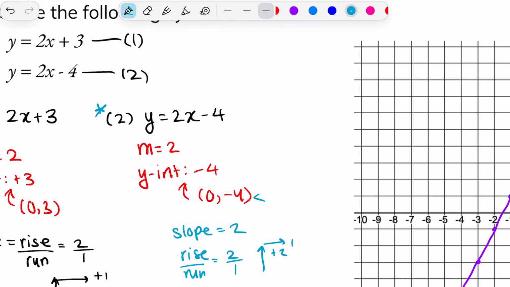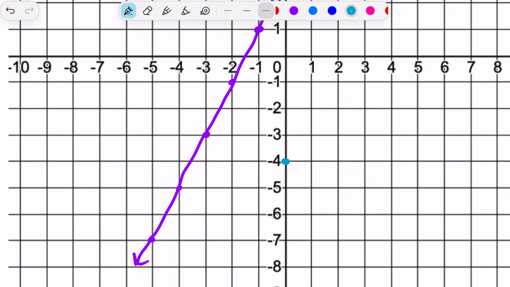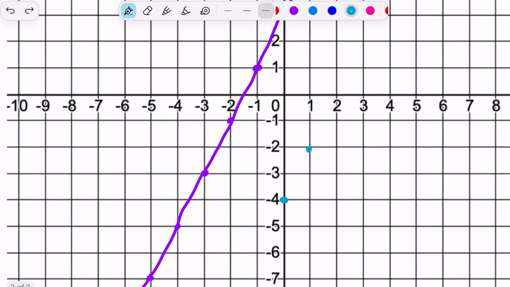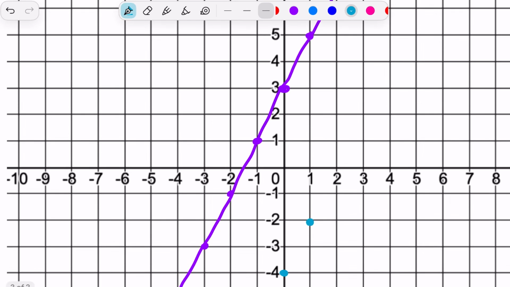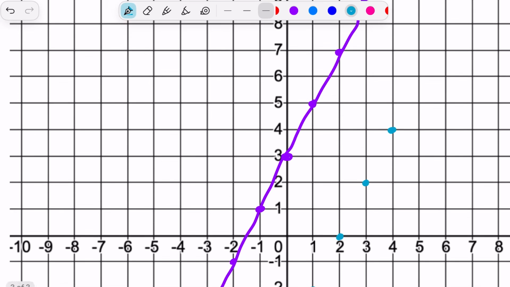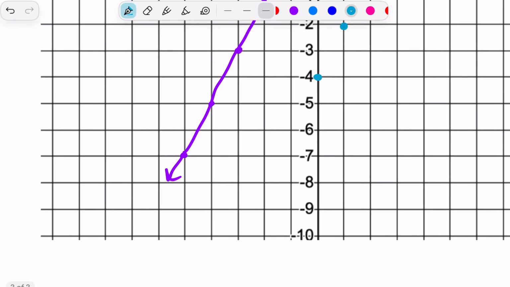But our y-intercept here is negative 4. So here, negative 4, and then we go up 2 units and to the right by 1 each time. So if I do that, it's like this. And then do the exact opposite, so go down by 2 and go to the left by 1.